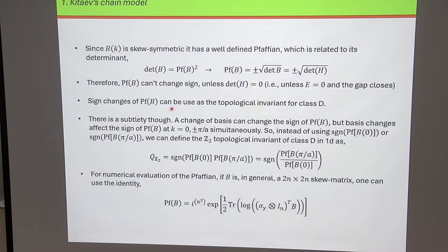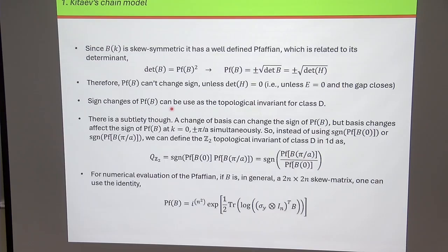There is a small detail here, and it is that the sign of this Pfaffian is not fully determined, in the sense that if you change the basis, you may change the sign. But if you have the Pfaffian at k equals 0 and the Pfaffian at k equals pi over a, you can show that if they change sign, they change sign simultaneously.